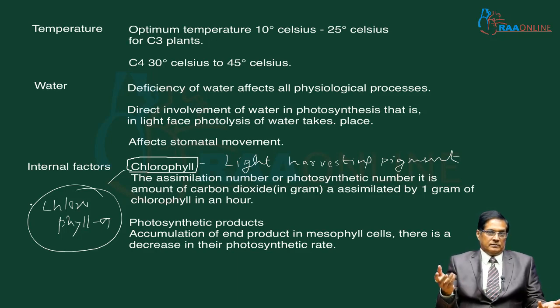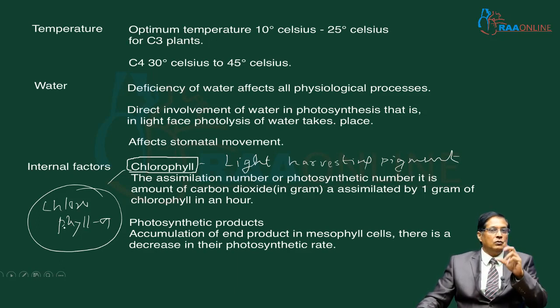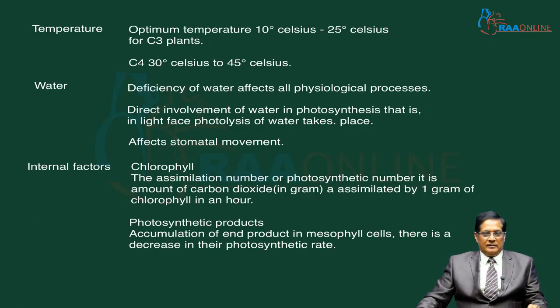So if there is a deficiency of chlorophyll, definitely there is an effect on the photosynthesis process. But the content of chlorophyll, the amount of chlorophyll, is not directly involved in the rate. Still, the assimilation number is associated with the chlorophyll content.